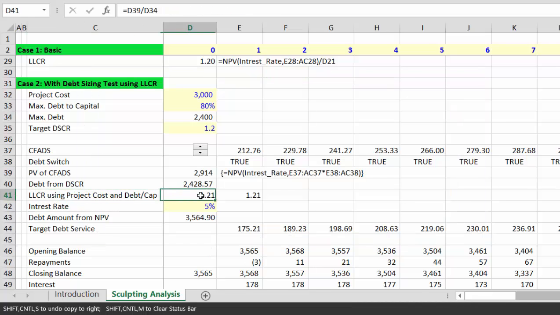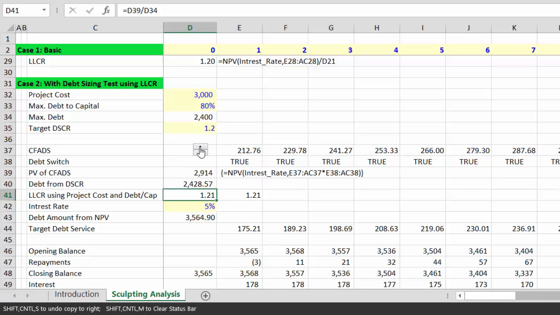So we have two different DSCRs. We have LLCRs rather. We have the one that we computed from the PV of the debt service, and then I said, well, how much debt can we have? And then this one doesn't use that debt, it just uses the PV of the debt service, and we just divide that by the amount of the debt.